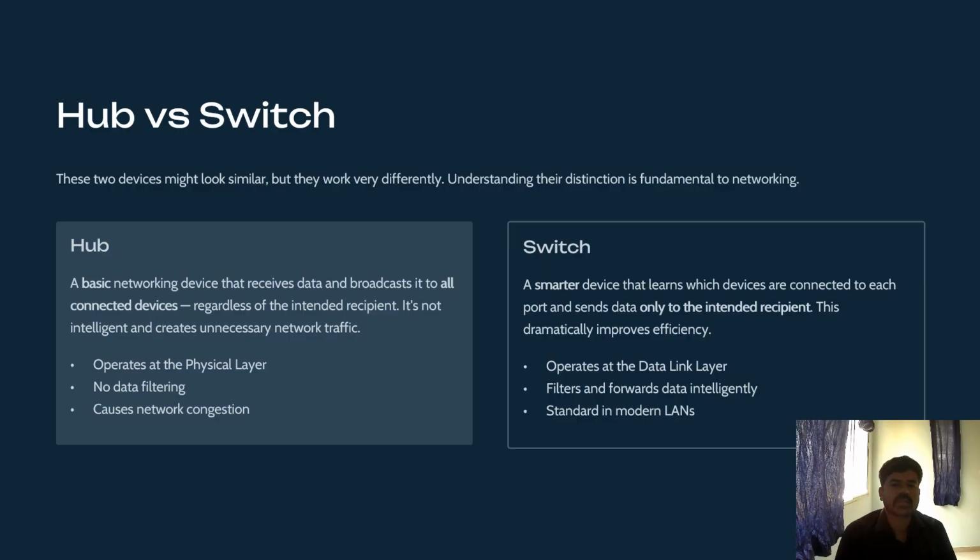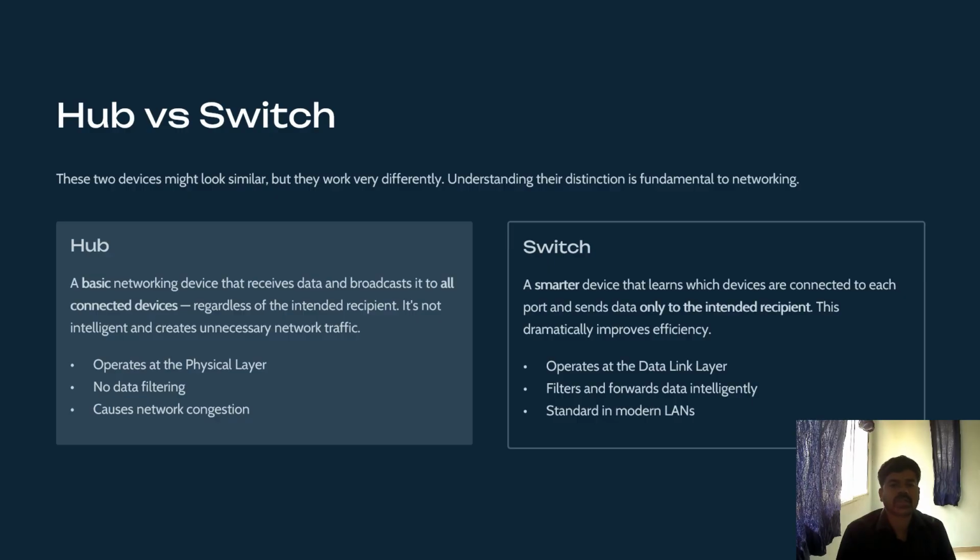The second one is switch. This is similar to the hub, but it is a smart device, or we can say smarter than the hub. Switch sends the data only to intended devices, which means only the requested devices get their data.